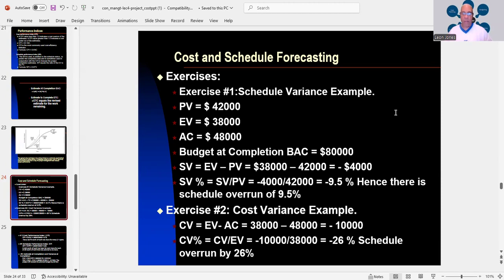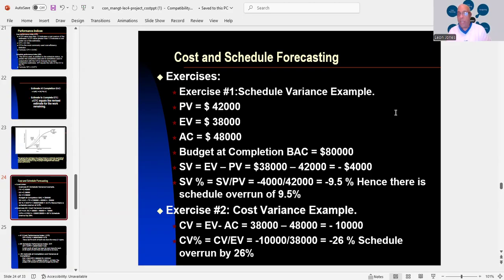We also have the BAC at $80,000. So your SV equals your EV minus PV. When we take 38,000 minus 42,000, we get minus 4,000.